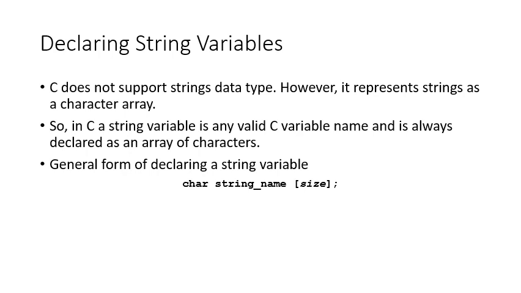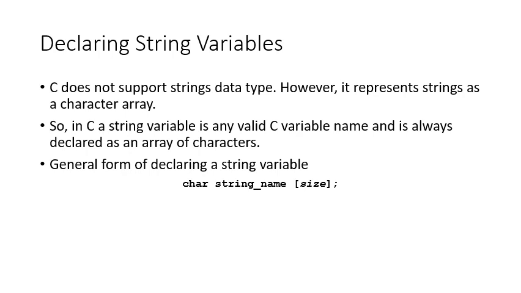But C does not support any inbuilt string data type. However, it represents a string as an array of characters. So in C we can represent a string with the help of a character array, like the integer arrays you studied in previous classes, but with the help of characters.